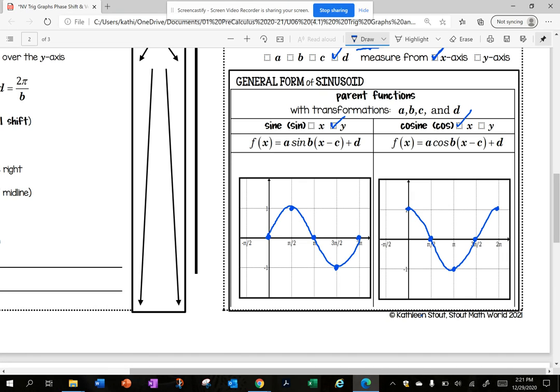So we're going to be talking about C and D, and sometimes D is at the end, and sometimes it's written at the front of the equation. So I just want to think of this as one term, and D as its own separate term to help you understand.